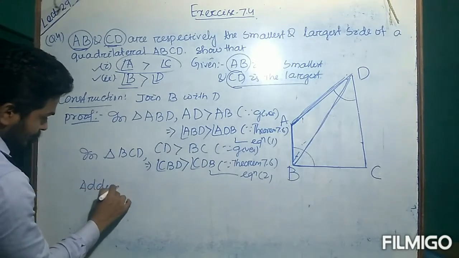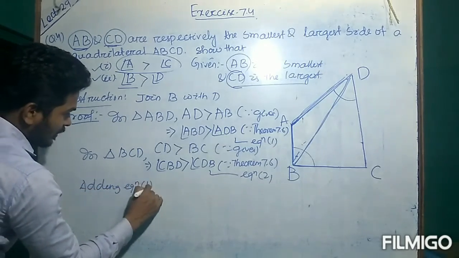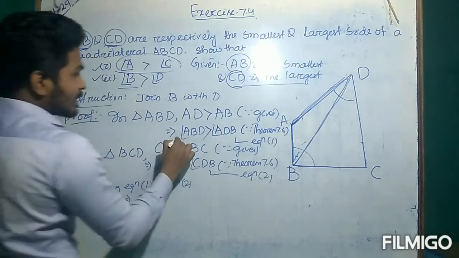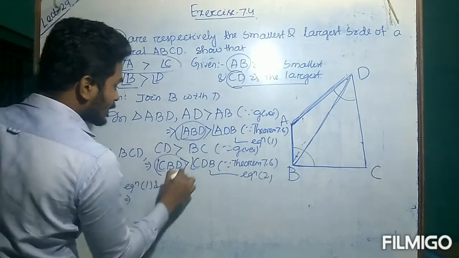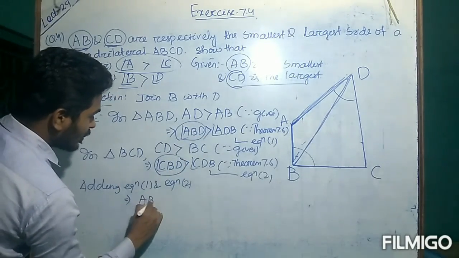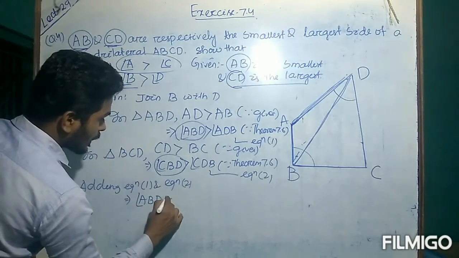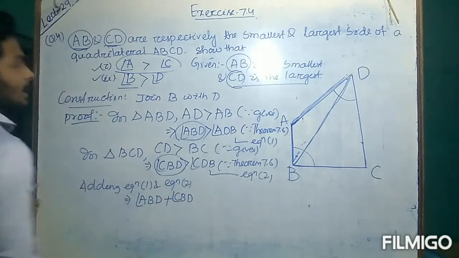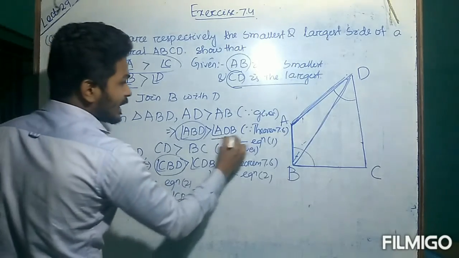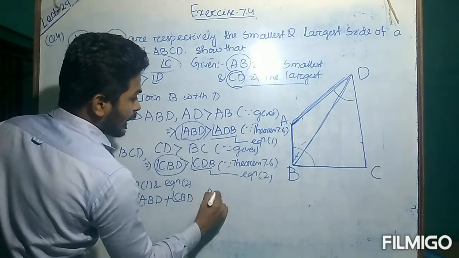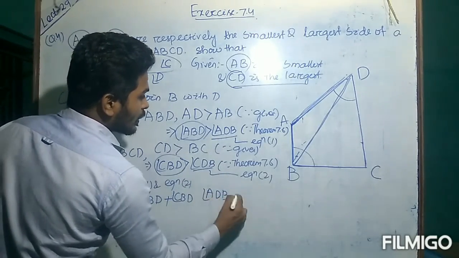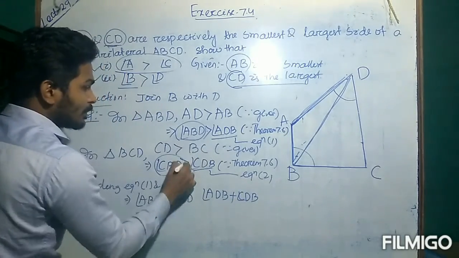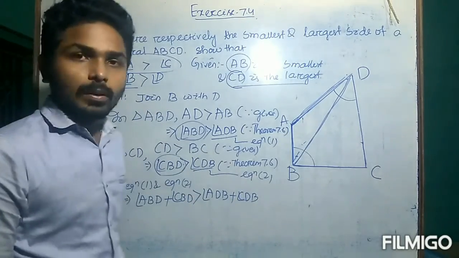Adding equation 1 with equation 2, what do we get? Left hand side is added with left hand side: ABD plus CBD, and right hand side with right hand side: ADB plus CDB, and in between them use the greater than symbol.